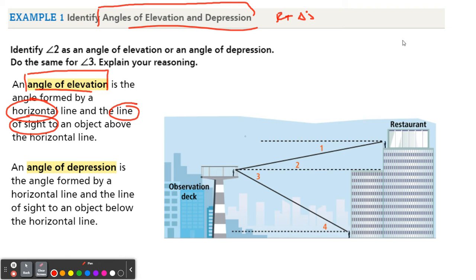If we look here, this person at the top is not going to have an angle of elevation, because angles of elevation look up. But this person does. When this person is looking up, they are looking horizontally here and the line of sight goes here to the restaurant. So angle 2 is going to be an angle of elevation. You're looking up.